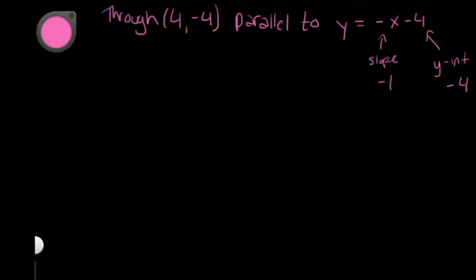Now, any other line that has the same slope is going to be parallel. So it doesn't matter where it starts on the y, it doesn't matter what the y-intercept is, because no matter where it starts, it's moving at the same rate. It's moving at that negative 1 slope. So parallel lines have the same slope.